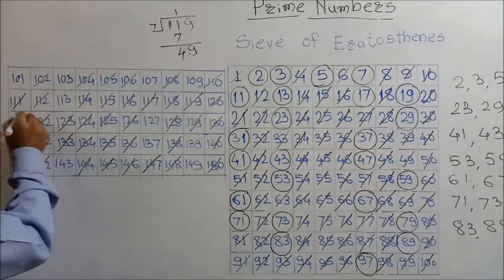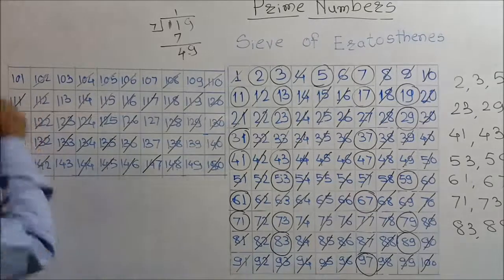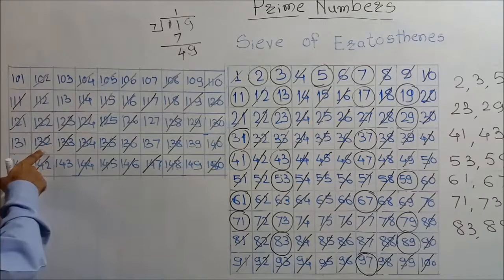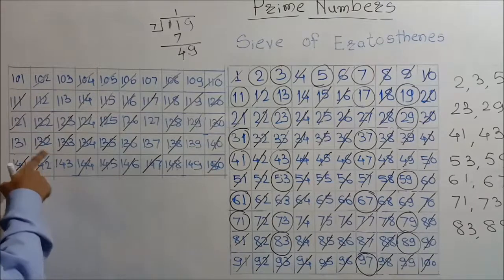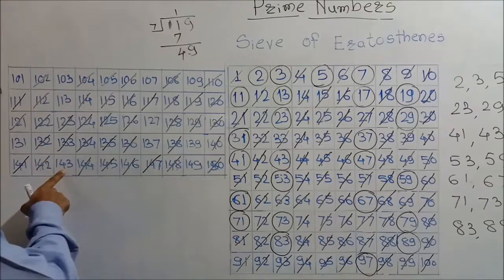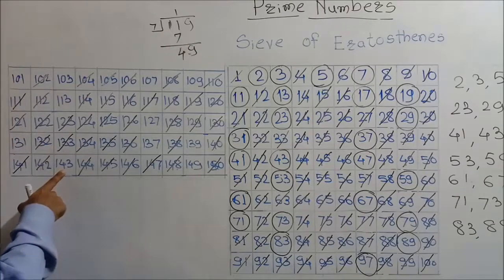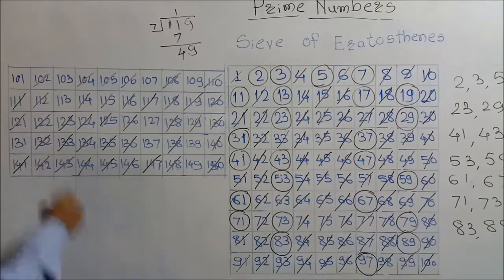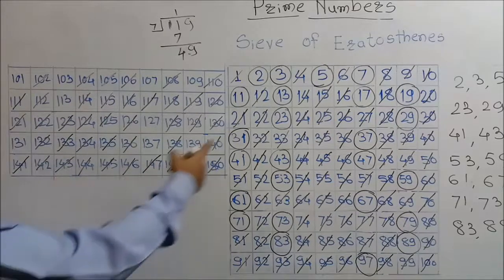It is in a table of 11. So we will cross it. Now we'll go for 132. It's in a table of 11. 11 12s are 132. Now 11 13s are 143. So we are going to cut 143 also because it is divisible by 13.